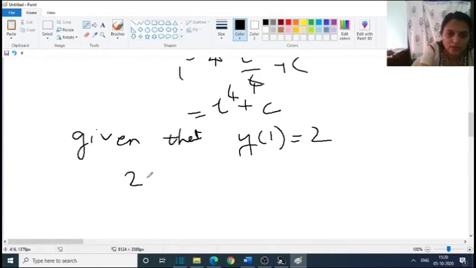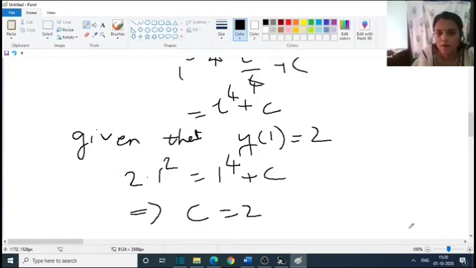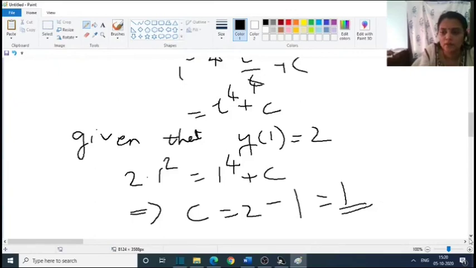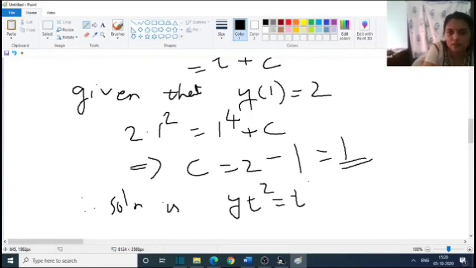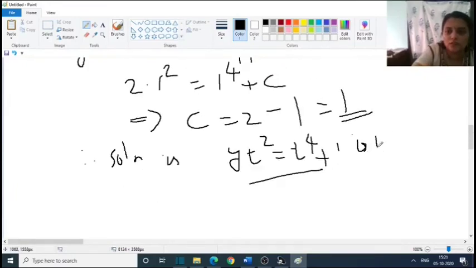So y into t square, with t equal to 1 square, is equal to 1 raised to 4 plus c, which implies c is equal to 2 minus 1, which is equal to 1. Therefore, the solution is y t square is equal to t raised to 4 plus 1.